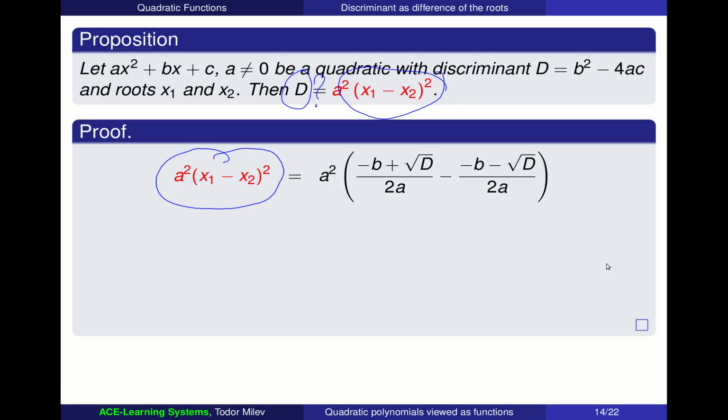So a squared times x1 minus x2 squared is of course equal to a squared times, so this is my x1: minus b plus radical of d over 2a, and my x2 is minus b minus radical of d over 2a.